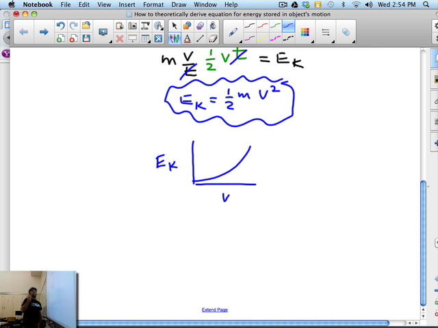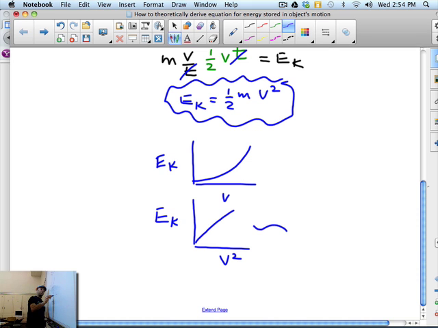Good. It's called a top opening parabola. So to linearize this, in other words, if kinetic energy is directly proportional to V squared, you have to square V, and you'll get a line.